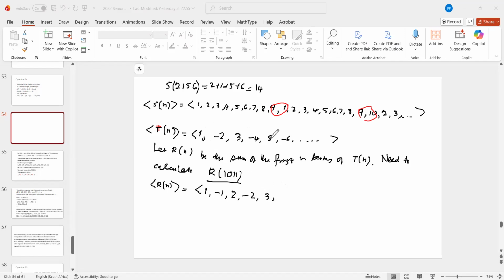Up to this point is 3. 3 minus 6 is minus 3. Okay, let me do just one more. You come up to minus 3, you're adding 7 now, plus 7, and then you add minus 8 to this. So you see that Rn is this sequence.